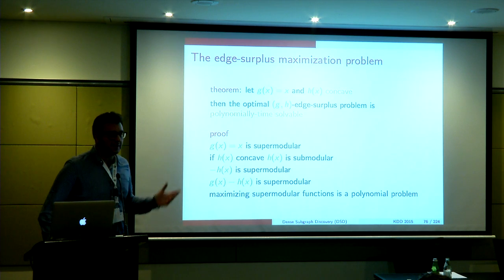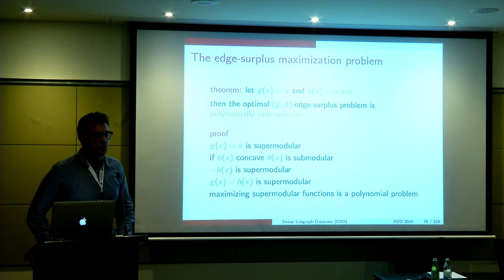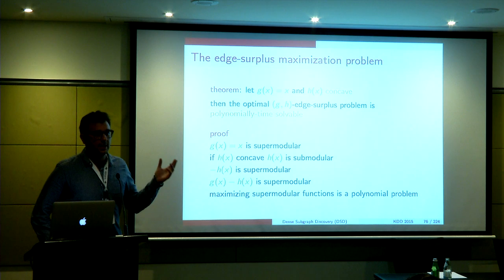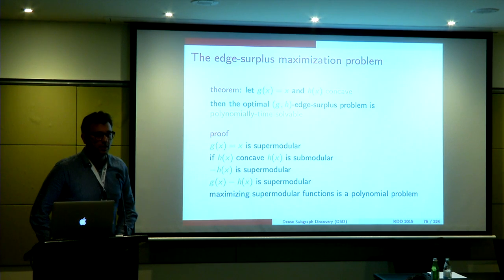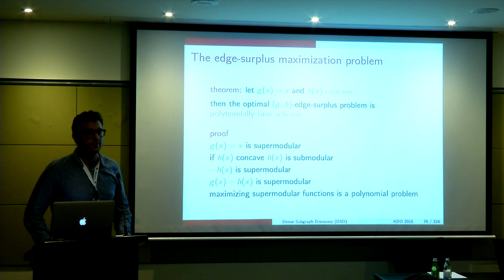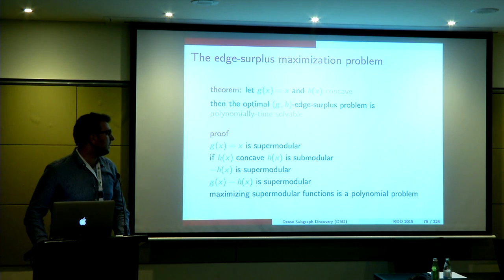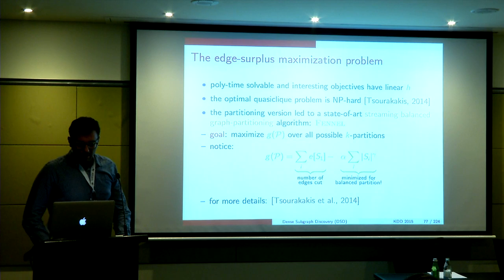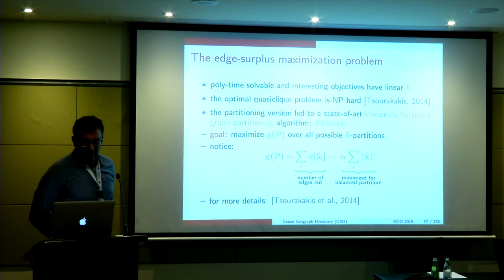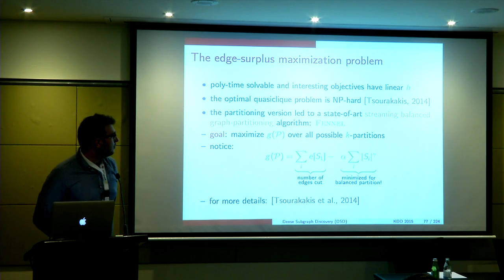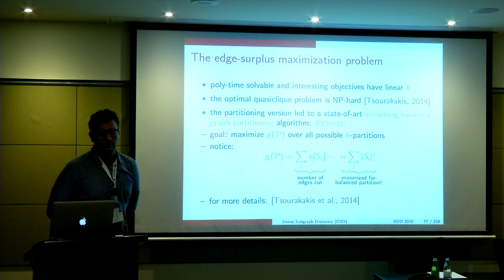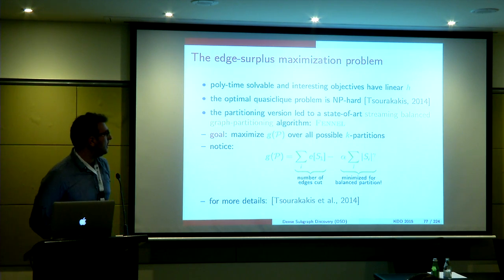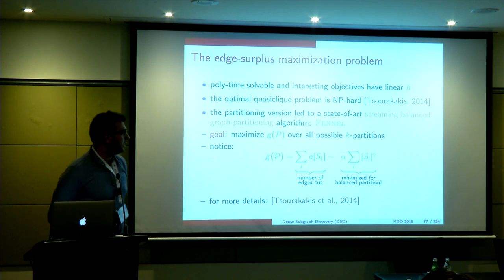By standard properties of supermodular functions, the edge surplus optimization problem under these conditions ends up being a supermodular function, and we know that we can maximize these functions in polynomial time. It turns out that most of the interesting objectives, instead of being concave, turn out to be linear functions of H. And this can also be justified from a theoretical perspective.